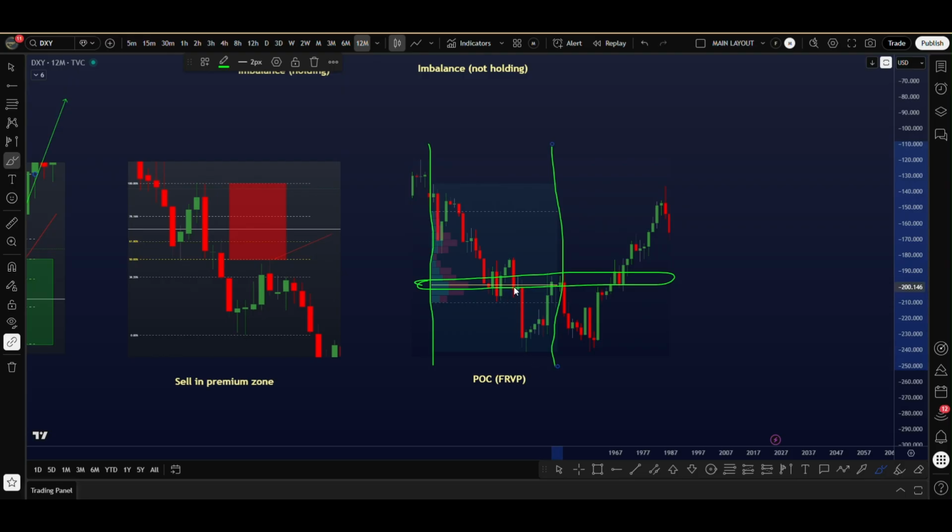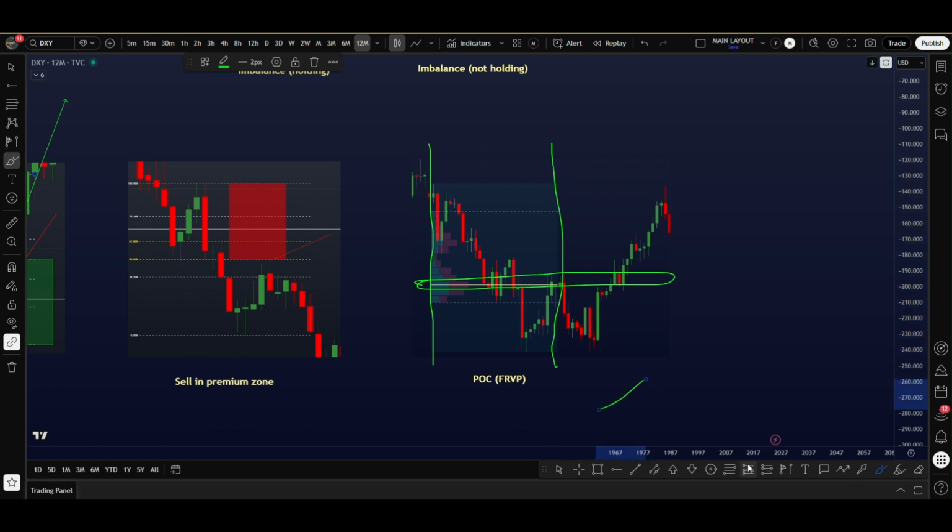I rarely use the POC from the last day because, like I said, I am a swing trader. I'm not a day trader, so this works better for me to use the weekly, the last week POC, or the monthly, the last month POC. Simple as that.